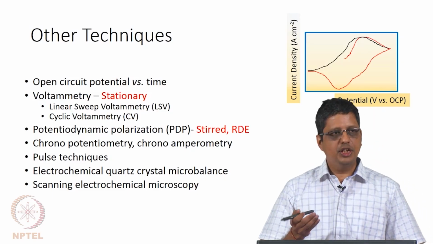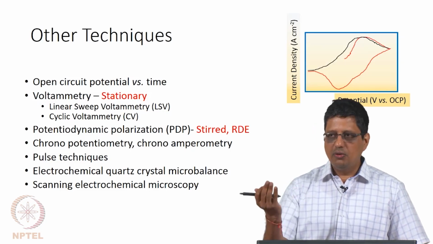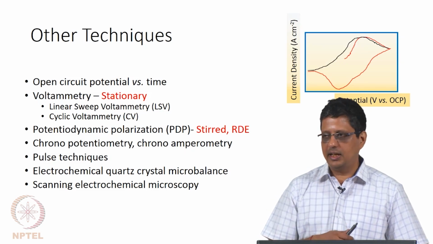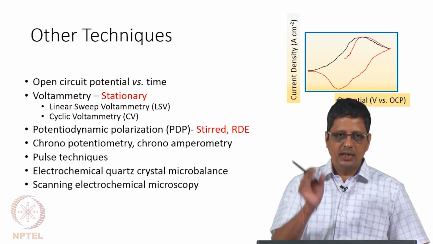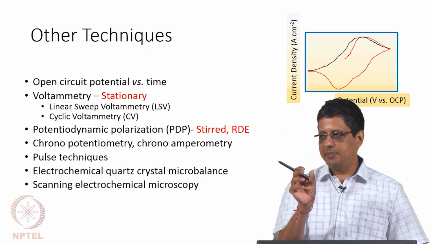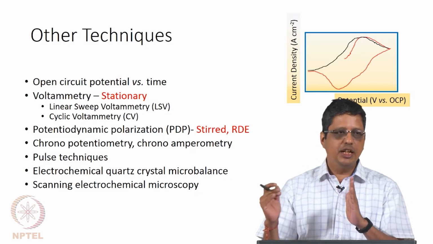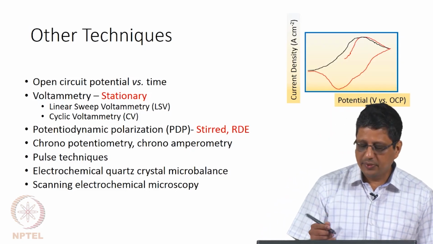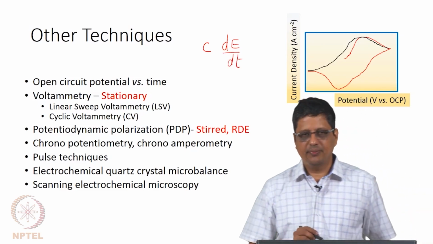In cyclic voltammetry, typically you will specify 20, 50, 100, 200, 1000 millivolts per second. You can also specify 1 millivolt per second, it will still run correctly. In cyclic voltammetry, the potential changes quickly with time, so the double layer capacitor will also contribute to the current. You have capacitance; when you change the potential quickly, the current in a capacitor is given by this function.